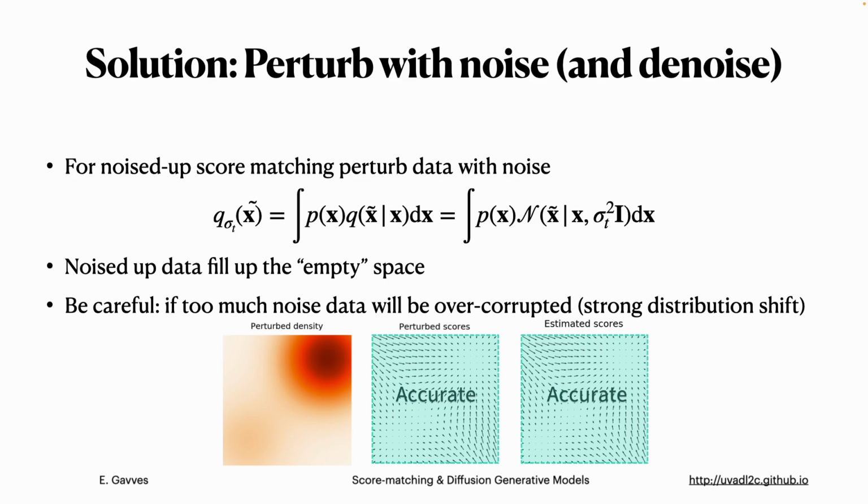Here is a variational distribution, or anyways, a marginal of our true data distribution corrupted with noise, and we have to integrate over our observed distribution. The noised up data fills up the empty space, but again, if we add too much noise, that actually is a problem. So we want to use a bit of noise to make optimization better, but not too much, so that we don't start getting weird samples.